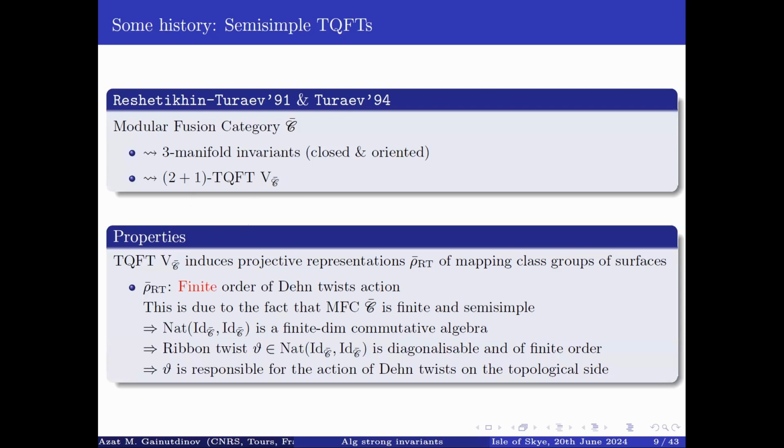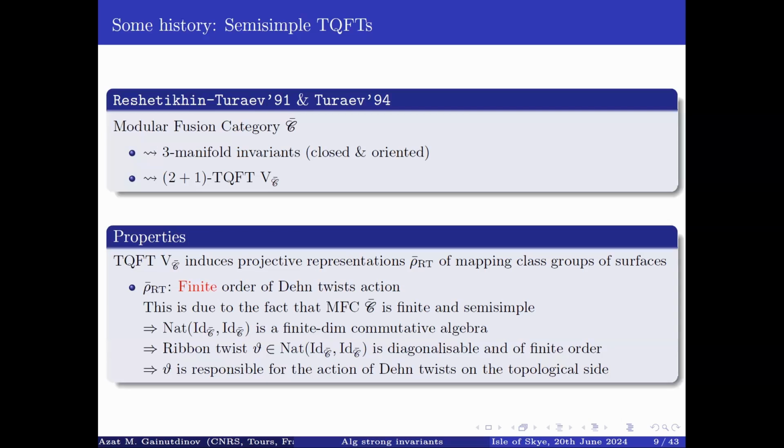So this TQFT produces projective representations of mapping class groups. I will call them Reshetikhin-Turaev type. The particular property is that the representation of Dehn twists is always of finite order. This is a specific property of such representations. It's basically related to the fact that the category is semi-simple and finite.